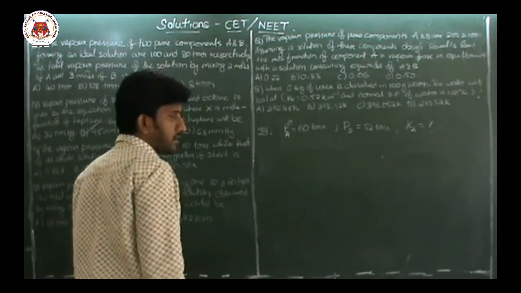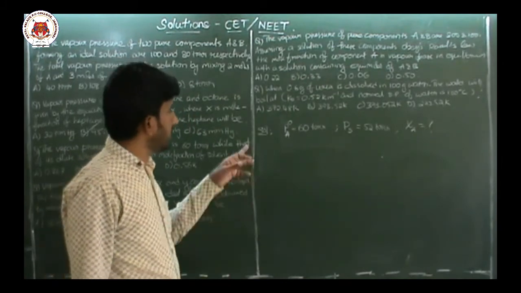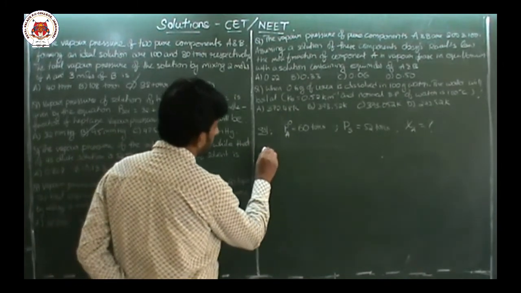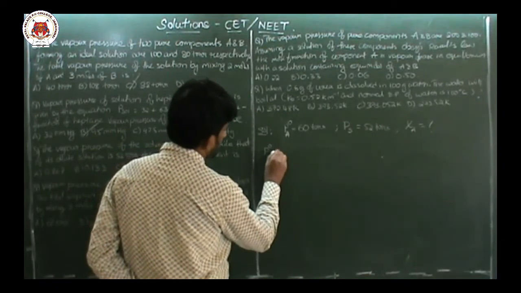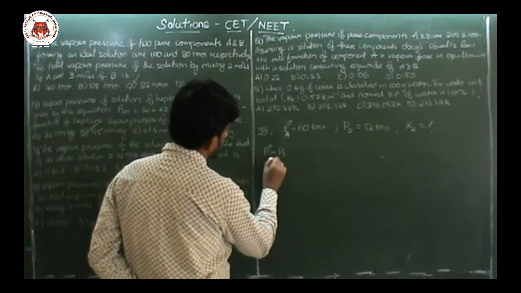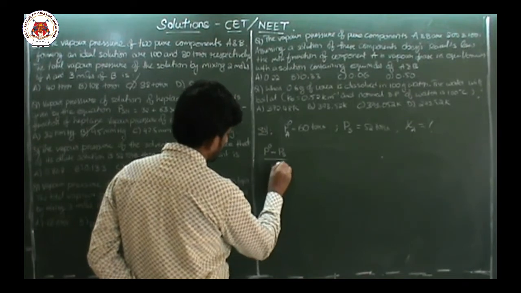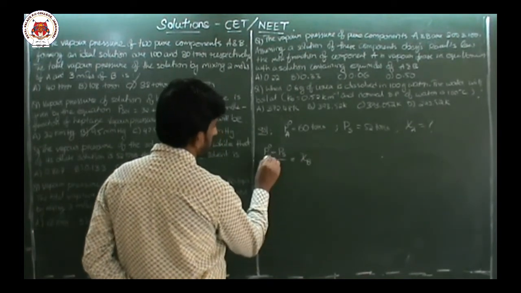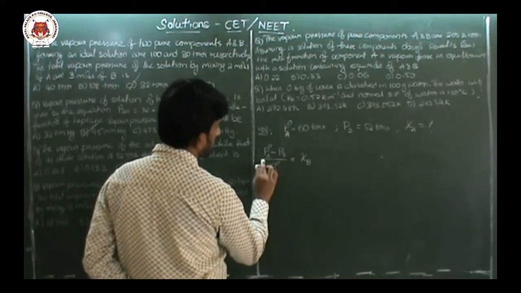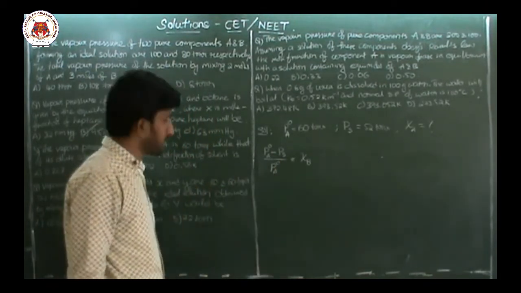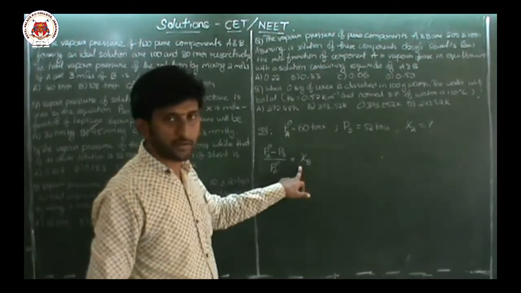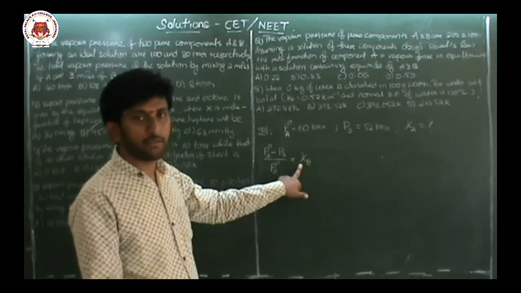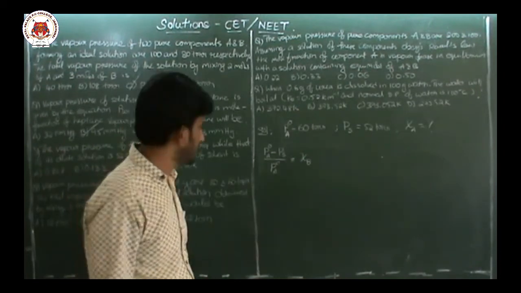Okay. Then according to relative lowering of vapor pressure, we have one formula. P naught minus Ps by P naught is equal to the mole fraction of solute. Here I am taking it as solvent. First let us find the mole fraction of solute, then we can find the mole fraction of solvent.